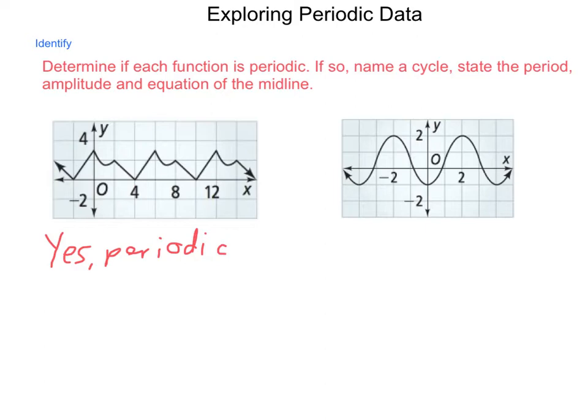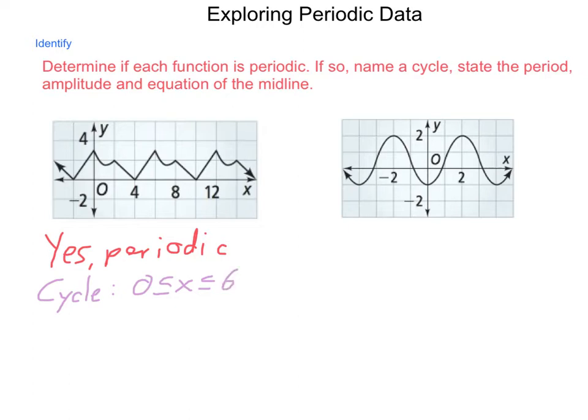Since it is periodic, we need to come up with these other items. We need to name one cycle. So pick anywhere along this graph where it begins and ends at the same y value headed in the same direction. We could say that a period or a cycle is from 0 to 6.